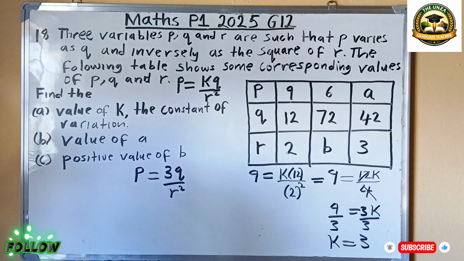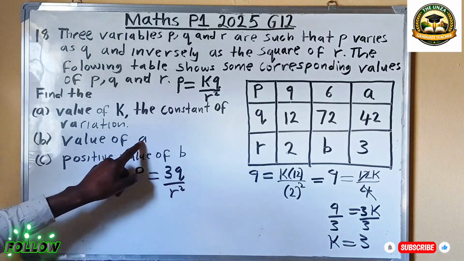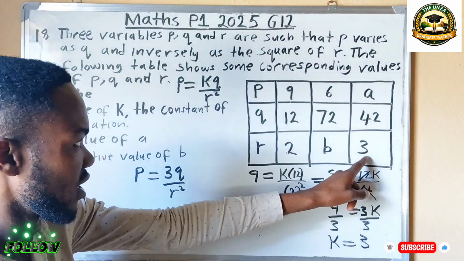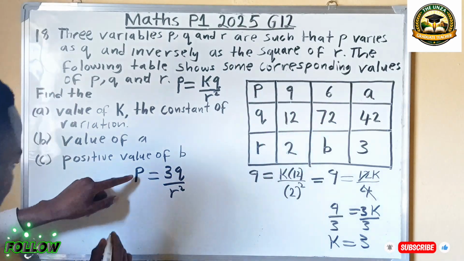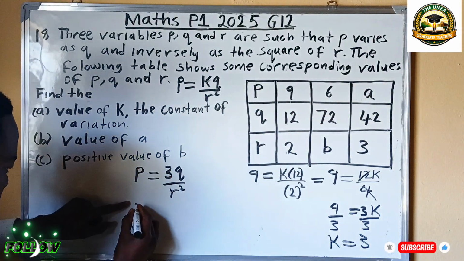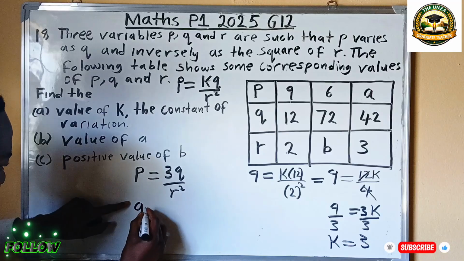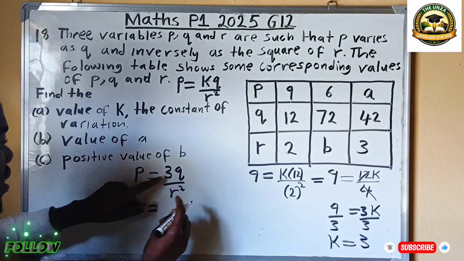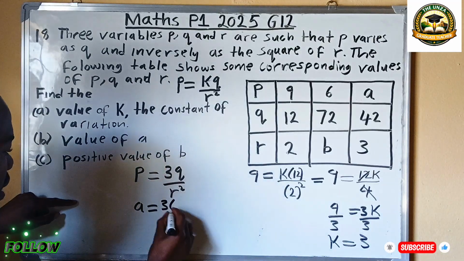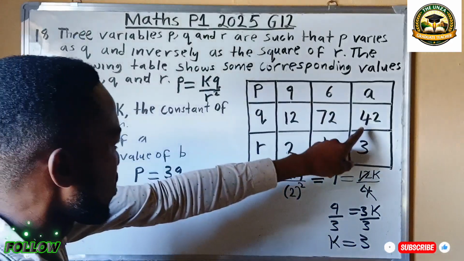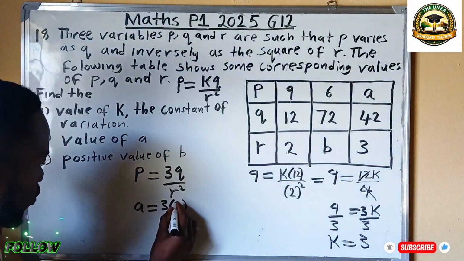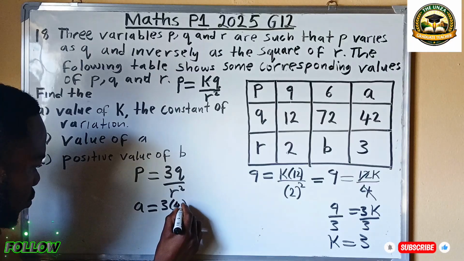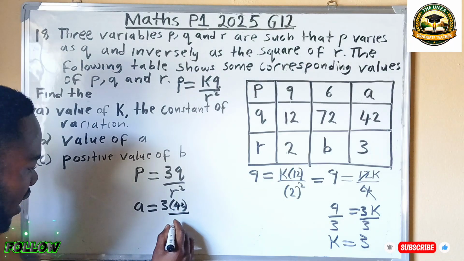For A, you go to the table where there's A. A is found in P. So where there's P, you put A. You say A equals 3 multiplied by Q, where Q is 42, you put 42 over R squared.